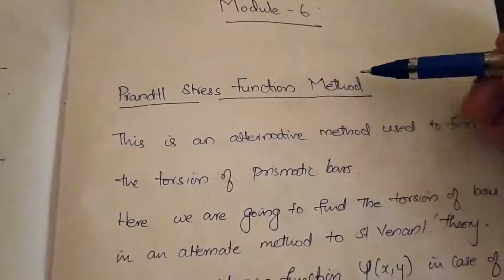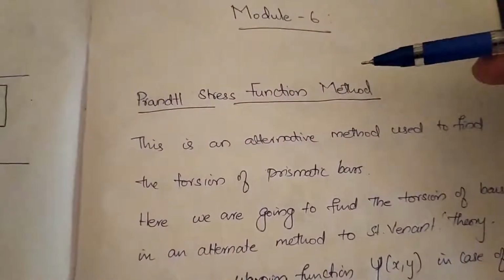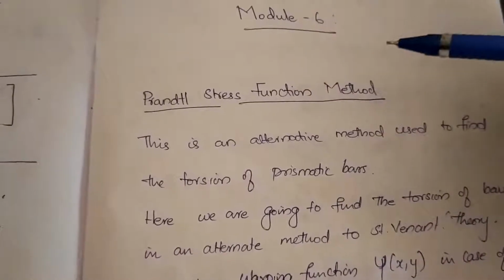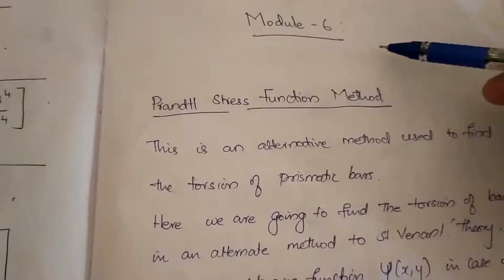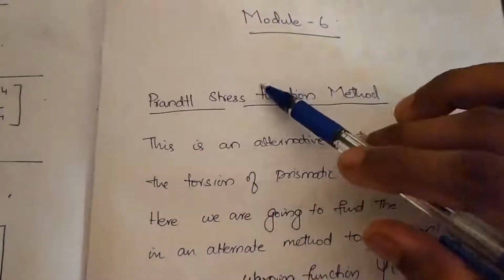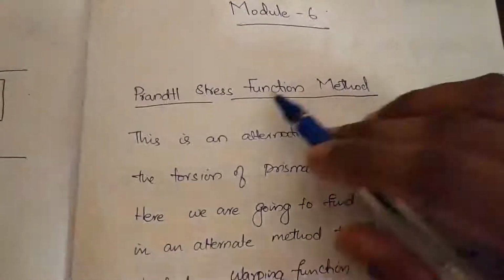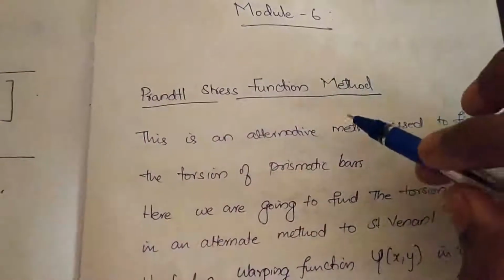So before going to this lecture, please note that it is very important that you have covered your last lectures on Sen-Venance method. Without that you will not understand this Prandtl stress function method.